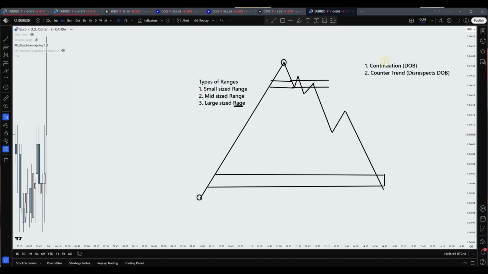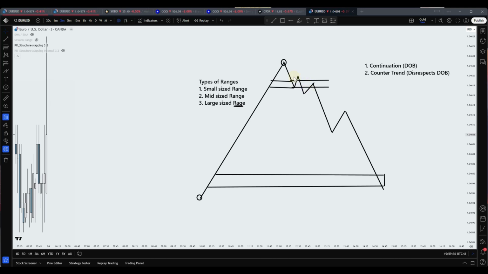And the second step, once the range is completed, you need to check whether you are going to play this as a continuation or as a counter trend. Now, this is the challenge to play into this area, and it comes with your experience how you will play this area for the continuation or for the counter trend.